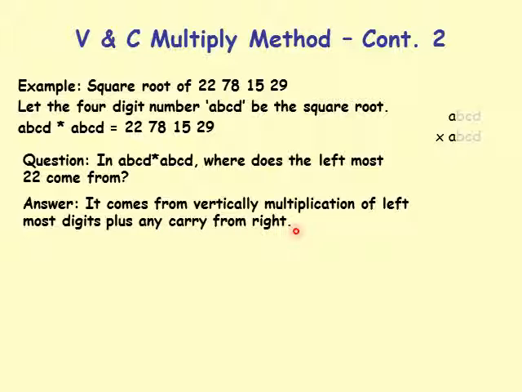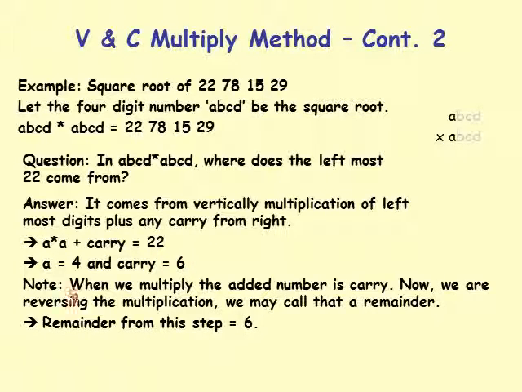So A times A plus carry is equal to 22. That means A is equal to 4 and the carry is equal to 6. We already know the leftmost digit is 4, and the carry from the right must be 6.